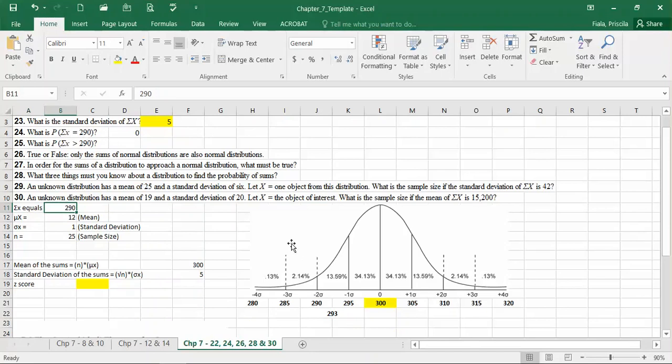Here I'm just giving you one value, 290, so there's no sum of values here. So the probability that my sum of the values is equal to a specific number is going to be 0. I would have to have more than one value in order to define this number right here.